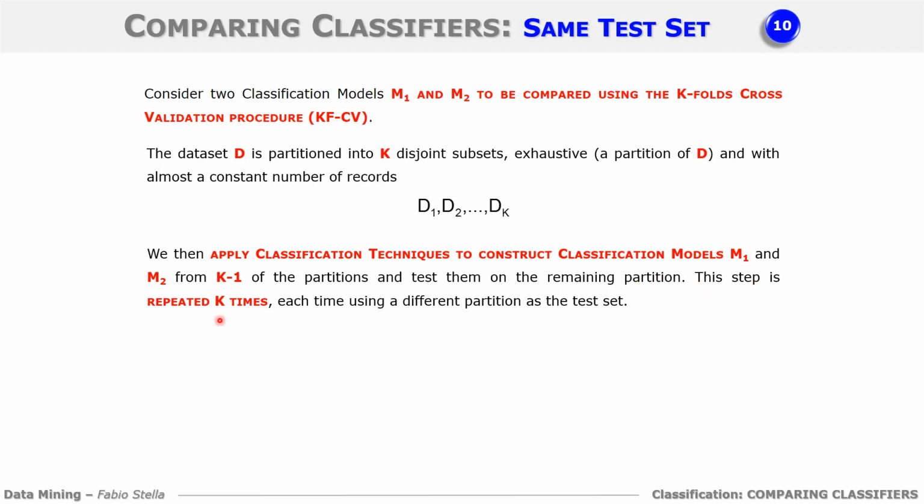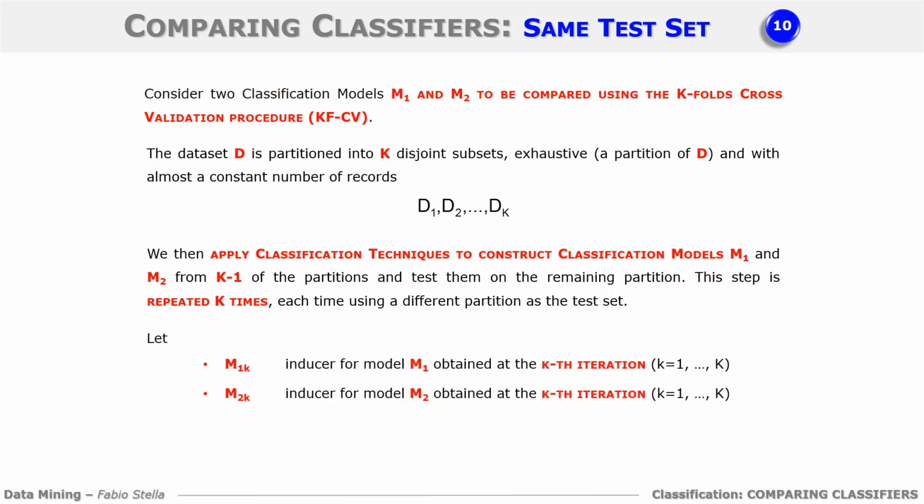This step is repeated capital K times, each time using a different partition as the test dataset. We furthermore let M1k be the model M1 obtained at the kth iteration, and M2k be the model M2 obtained at the kth iteration.